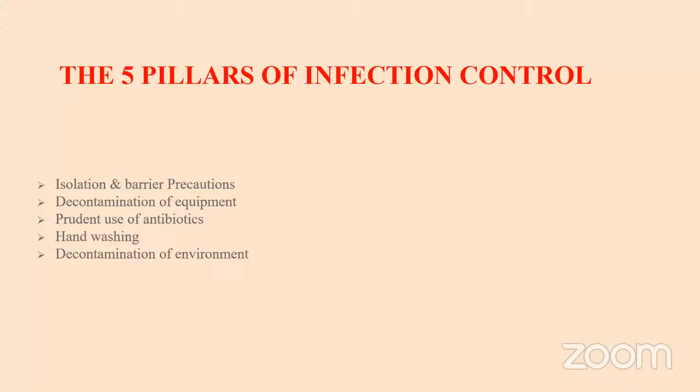Then prudent use of antibiotics, like rational use of antibiotics, adhering to the local guidelines and medical policies, and, as I previously said, keeping in mind the allergies and resistance of a patient to a certain antibiotic. Then the next one is hand wash, then decontamination of environment, like cleaning and disinfecting everything: floor, linen, etc.